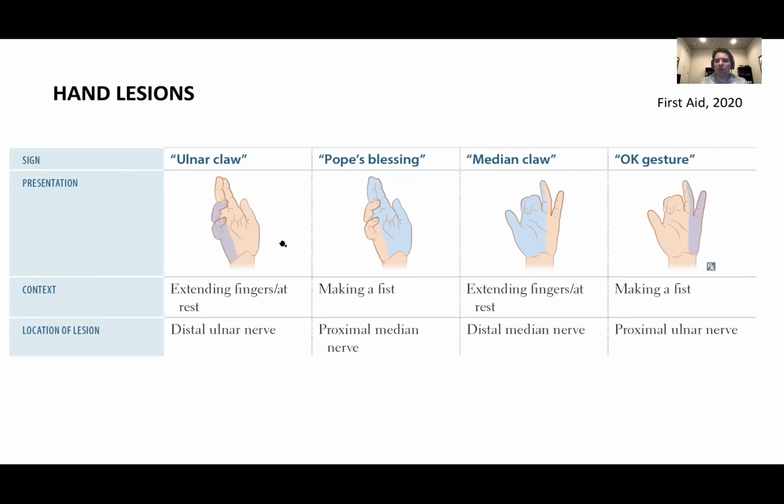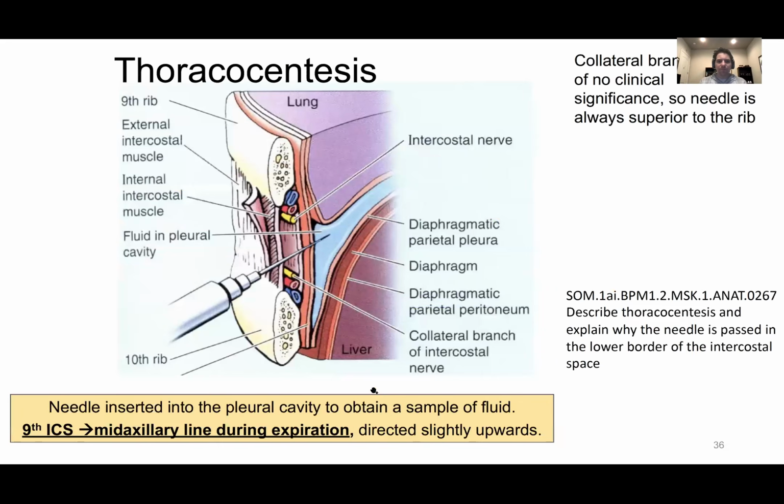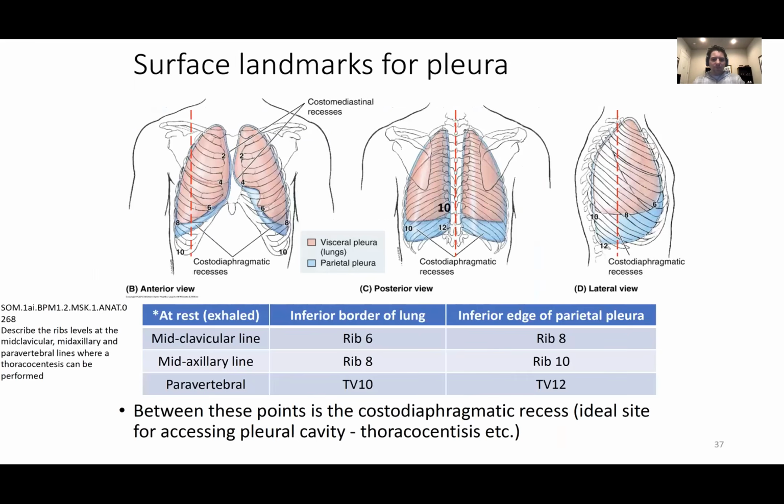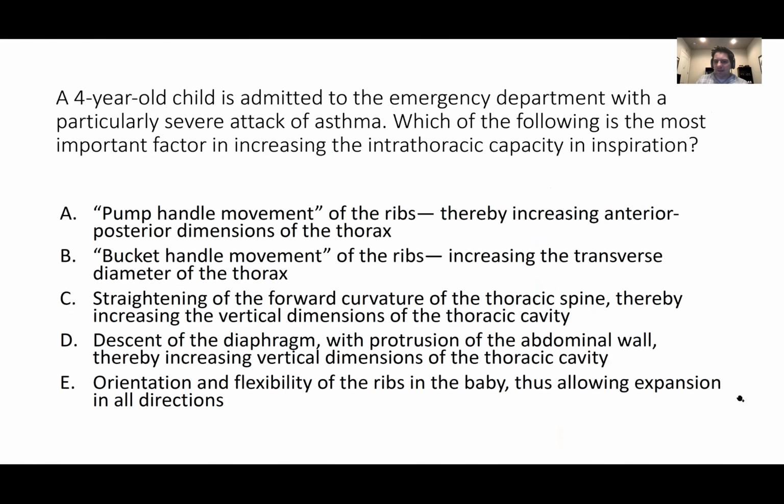If you're talking about this ulnar claw and you're trying to make a fist, you're not going to be able to flex the pinky and the ring finger. Okay, so that's basically what you need to know for that. Okay, we did this. This is another thing they like to test on. Try this one.